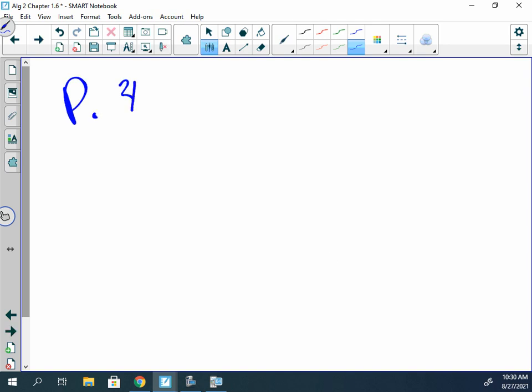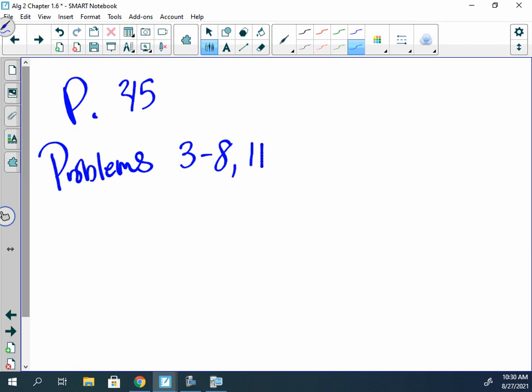Page 45. Problems. Three through 8. 11 and 12.